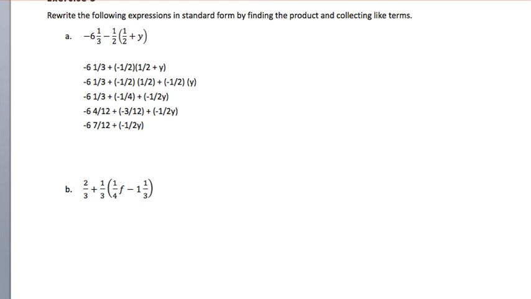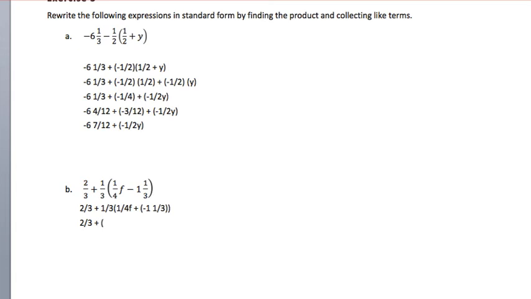In exercise 3b, we have 2/3 plus 1/3 times the quantity inside the parentheses. The first thing we want to do is change that subtraction inside the parentheses to addition. So that'll be 1/4 f plus negative 1 and 1/3, and then we'll need to distribute the 1/3 since it's being multiplied times the quantity.